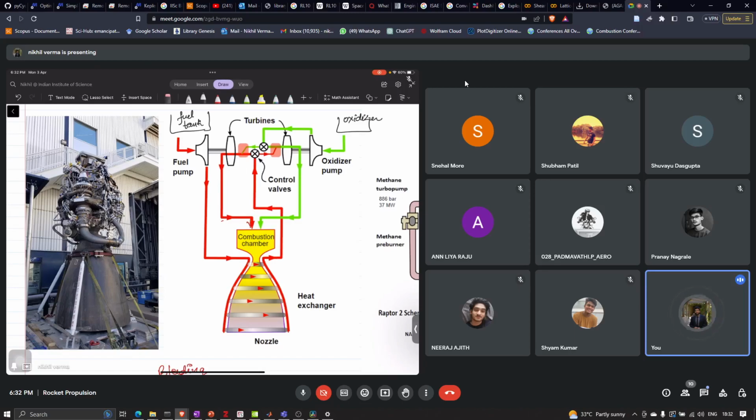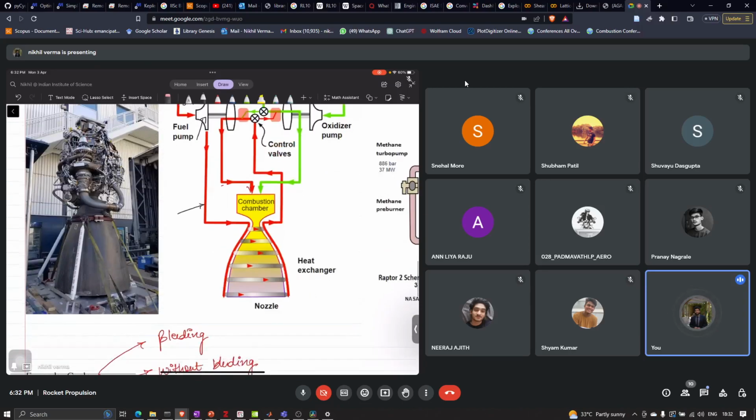These are the pumps. The fuel can be at, say, 0.4 bar, and the pumps increase the chamber pressure up to, say, 60 bar.